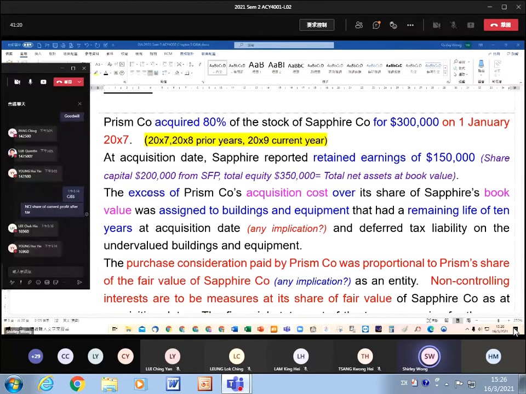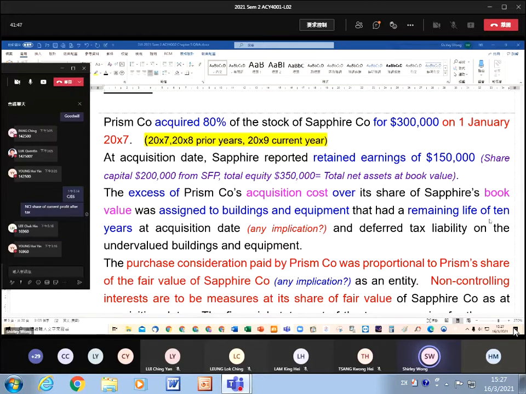After you find out the fair value difference, it tells you that the building and equipment has a remaining useful life of 10 years. Remember in chapter 3, we taught you that when we calculate depreciation in the individual company, the subsidiary bases depreciation on building and equipment on book value. However, from the angle of the group, you need to calculate the depreciation based on fair value.